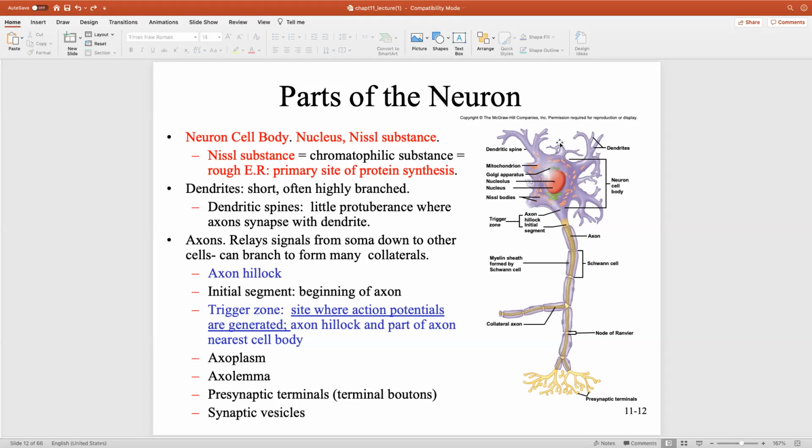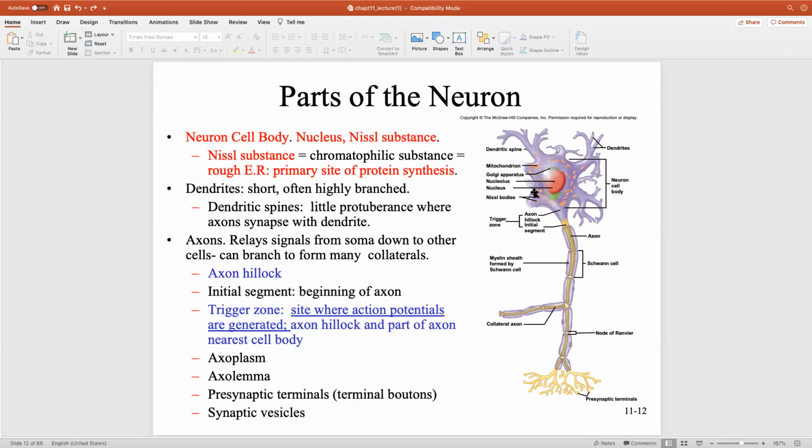We can have up to 200,000 different neurons making contact with this one single neuron that's postsynaptic, meaning that it's going to take a lot of action potentials from different neurons to either trigger it or even inhibit it.